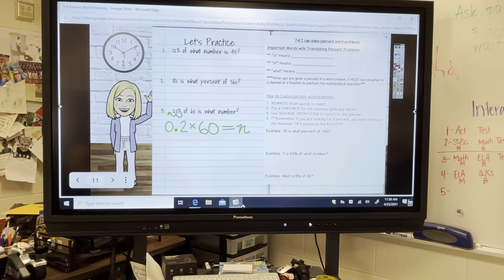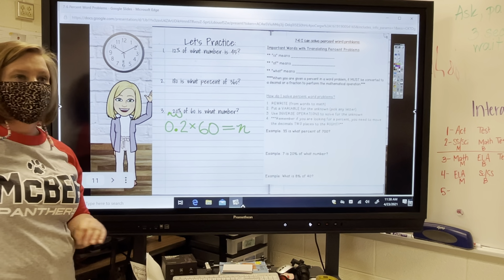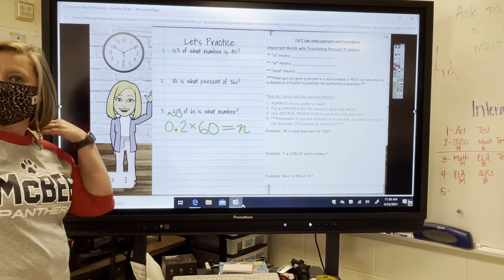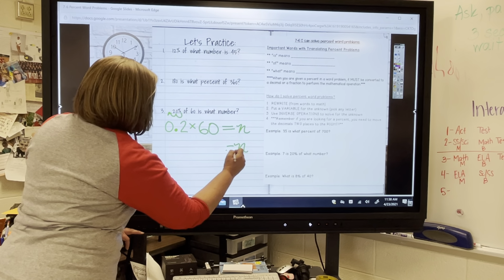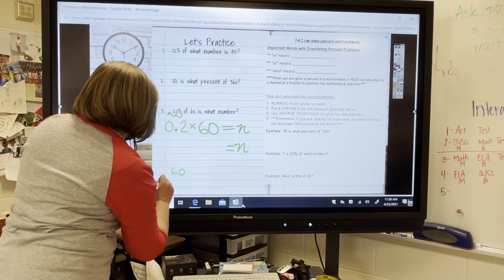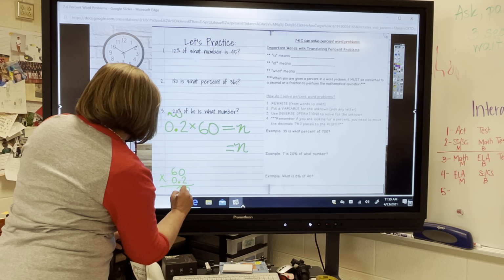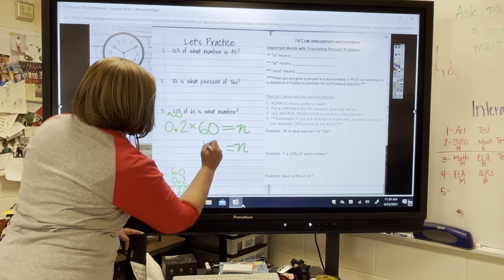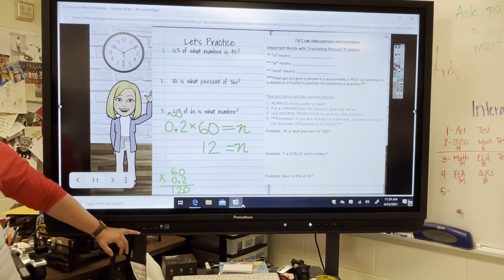Is your variable by itself? Yes. If your variable is by itself, do you need to do inside outside? No. So 20% of 60 is what? 12.